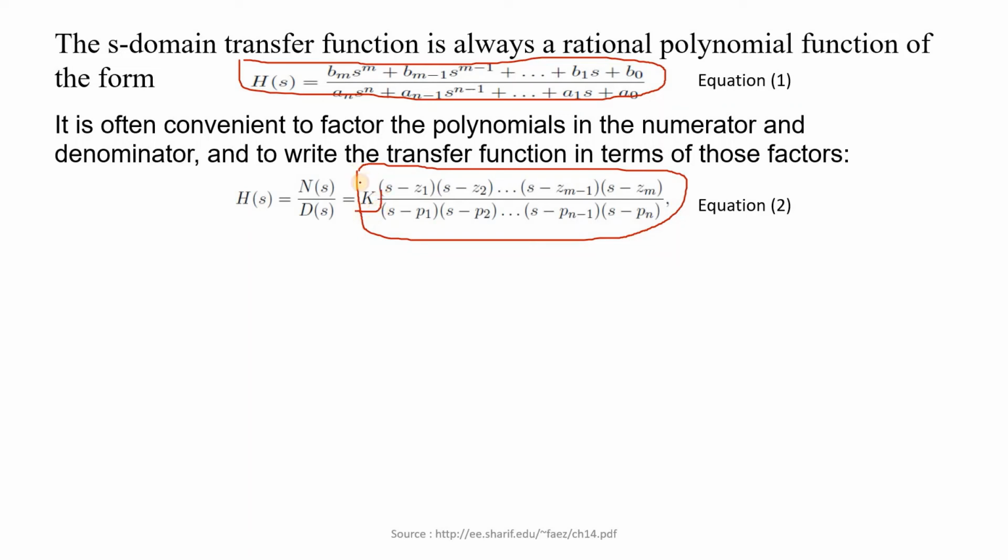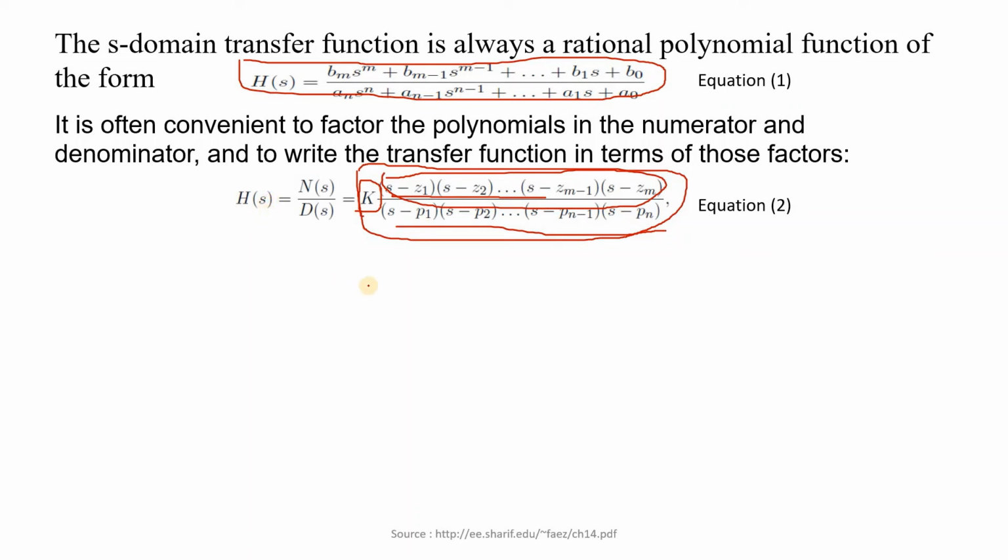So here you have a constant factor and s minus something. Similarly, you have numerators and denominators. Now what happens? If your numerator term becomes 0, your output function becomes 0. But if your denominator becomes 0, your transfer function becomes infinity.